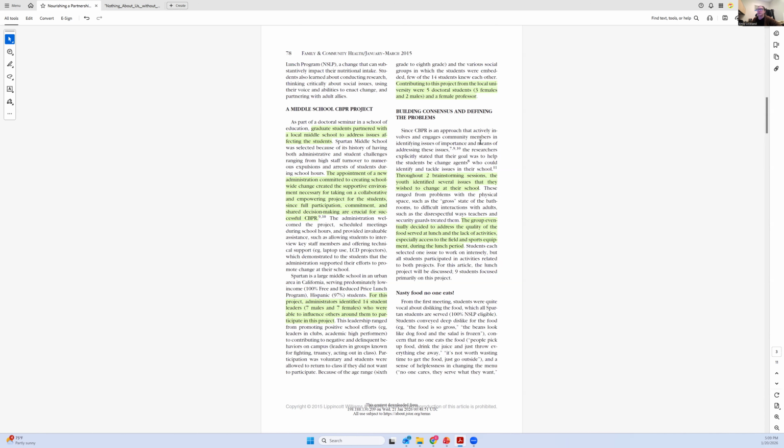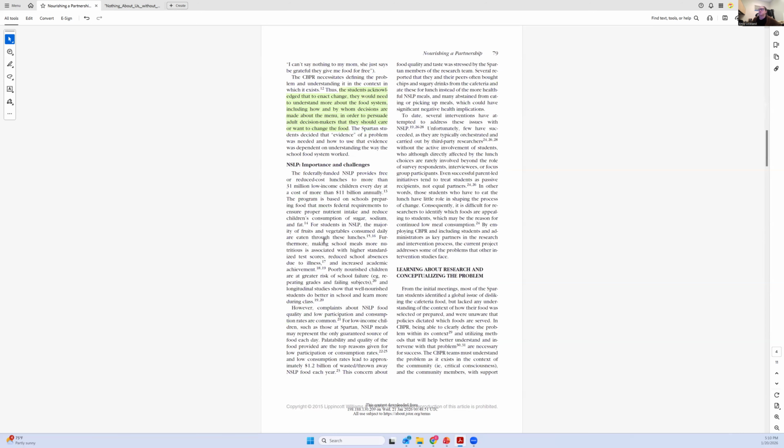So importantly, I think these researchers didn't come into the school and say, "Hey, we want to tackle food insecurity or satisfaction with school lunches." Rather, they did brainstorming sessions with the youth, and they had identified several issues, but eventually landed on the quality of food served in lunch.